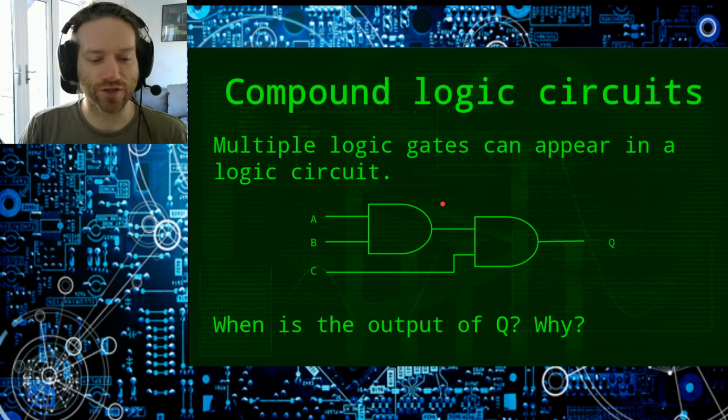Okay, let me put this another way. If I had 4 inputs, how many rows would I need?